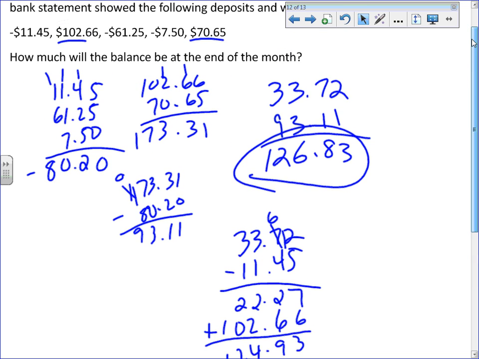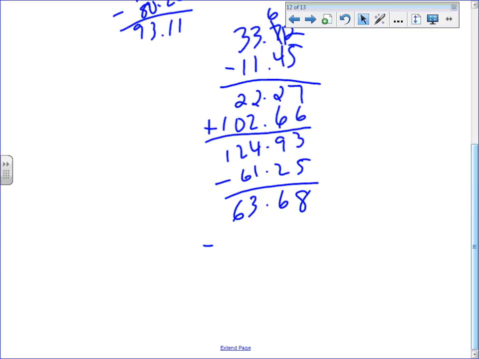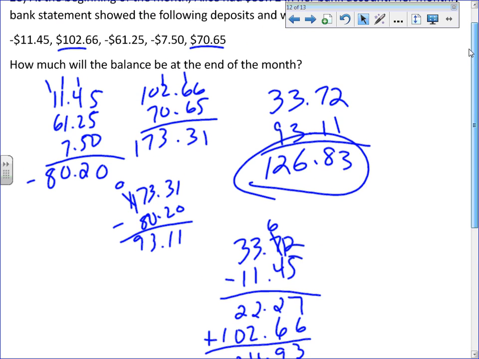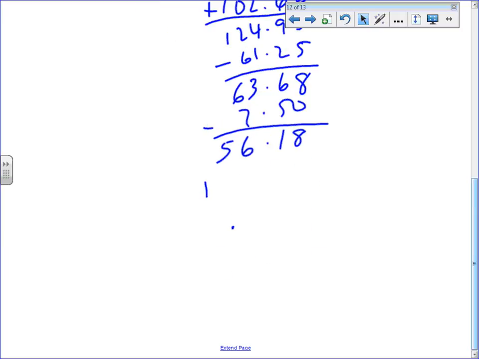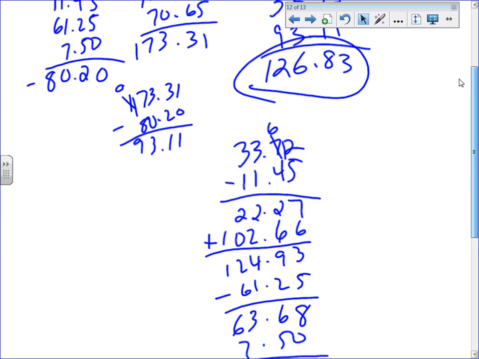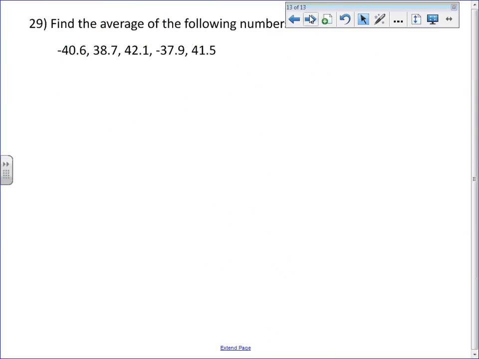And then minus $7.50. $56.87. And then add $70.65. You get $126.83, the same number.